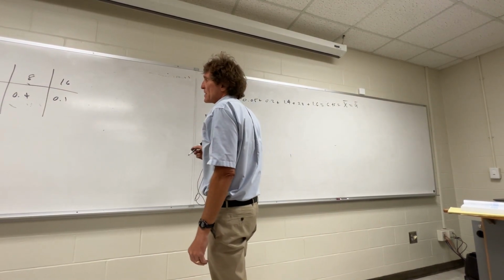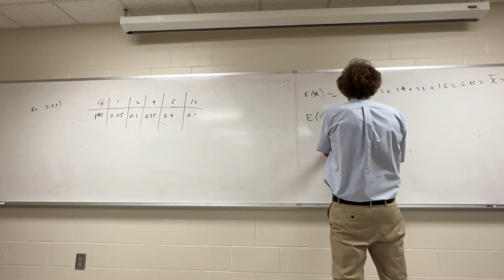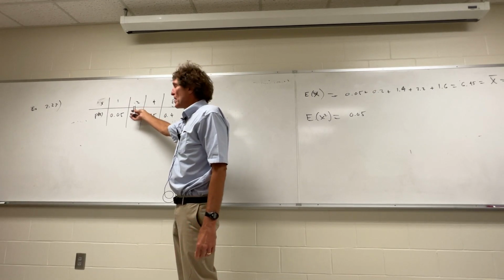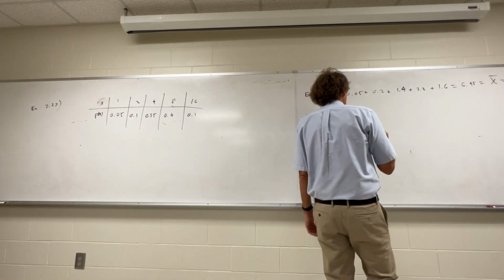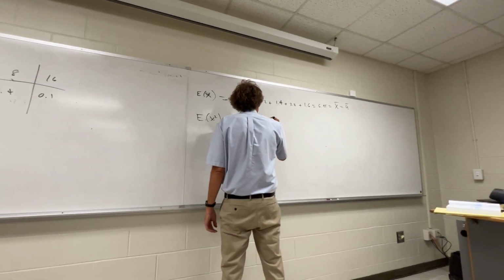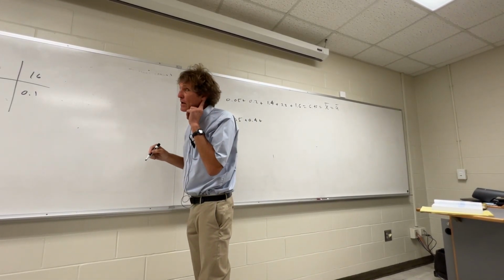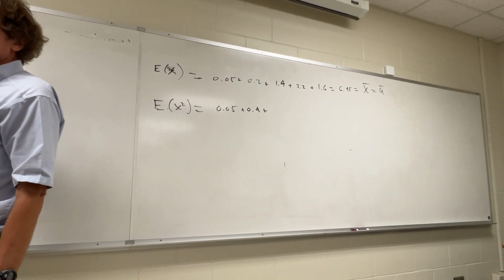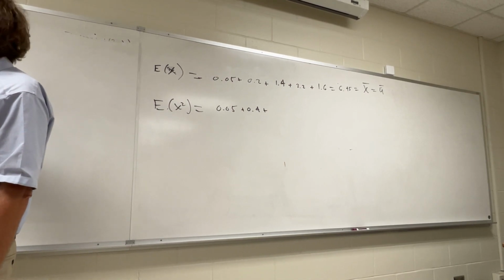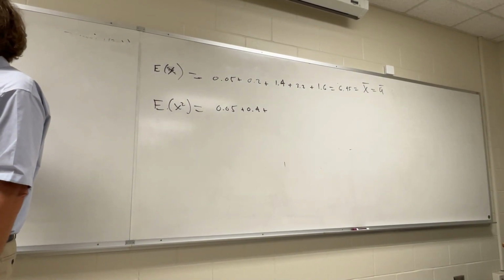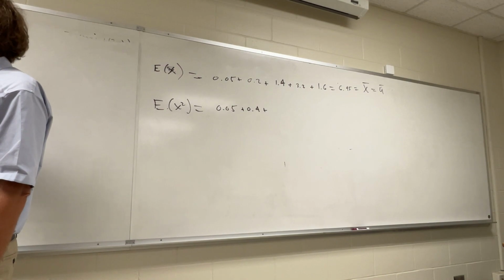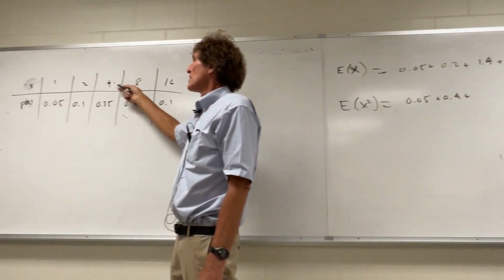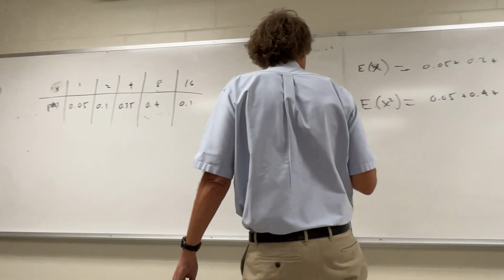So for this one, we have 1 squared is 1. So the first part is 0.05. Now we square this, we get 4. 4 times 0.1 is 0.4, right? Plus, then we're gonna square this, that's 16, right? 16 times 0.35, what is that? I'm trying to do this in my head.